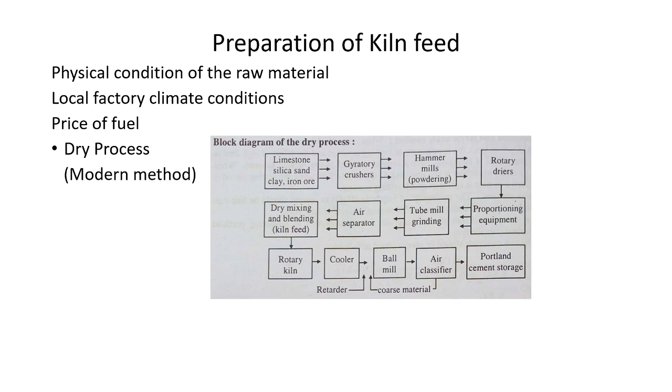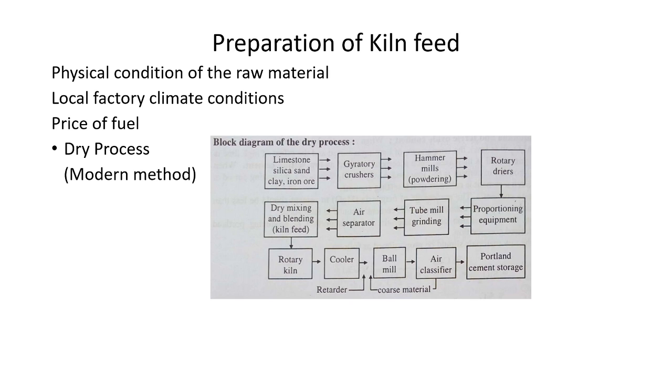The dry process kilns are short. When we see the diagram of the rotary kiln, the length of that rotating tunnel is less, or you can say short, if it is a dry process.